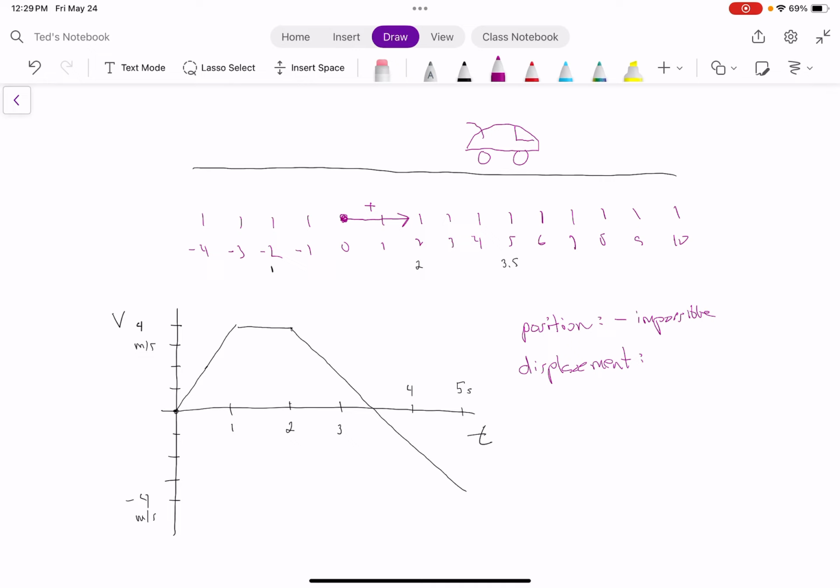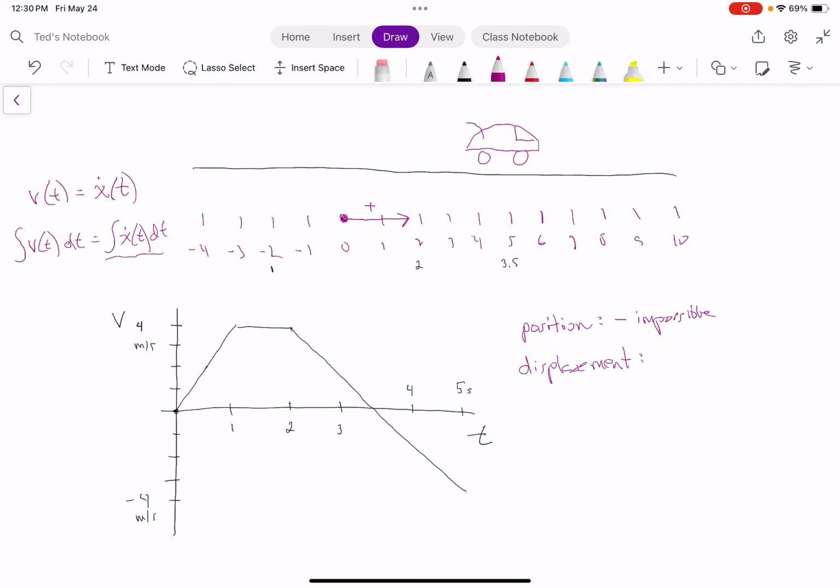Okay, and here's the deal. Because velocity is equal to the derivative of position, if we integrate both sides of this equation, the integral of v dt is equal to the integral of x dot dt.